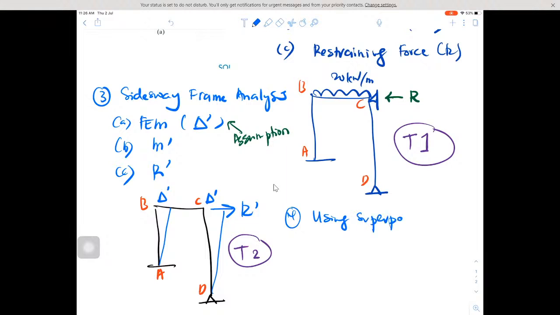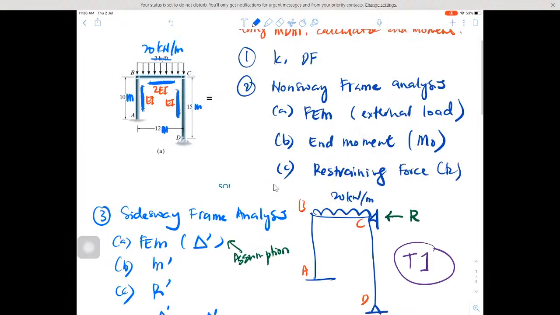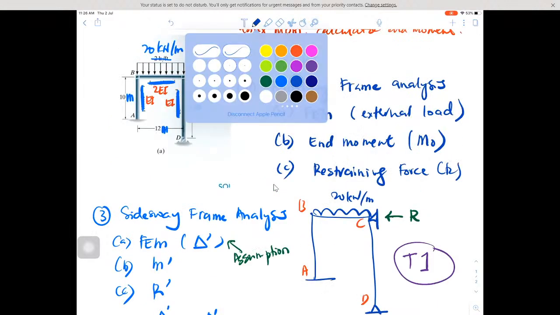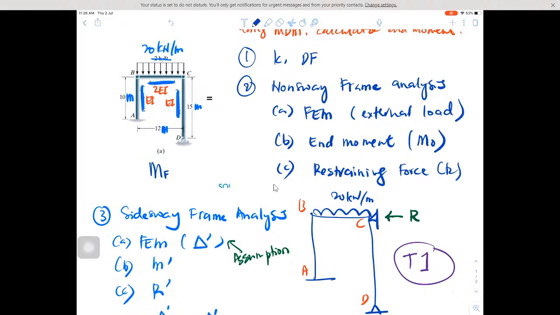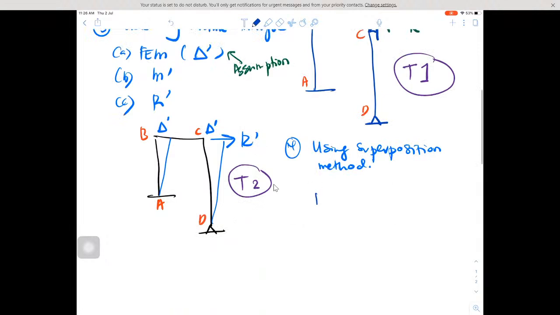We will write the superposition equation. The end moment for the main one is M final. M final is equal to M prime, the end moment from table 1, plus the correction factor R divided by R prime times M prime.